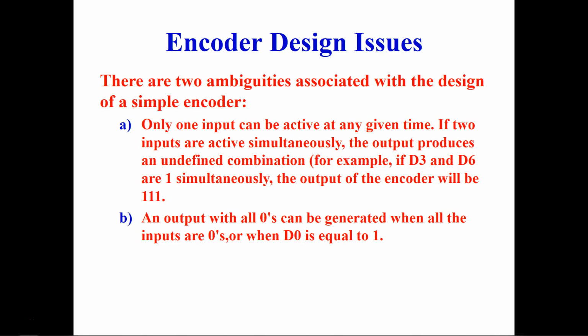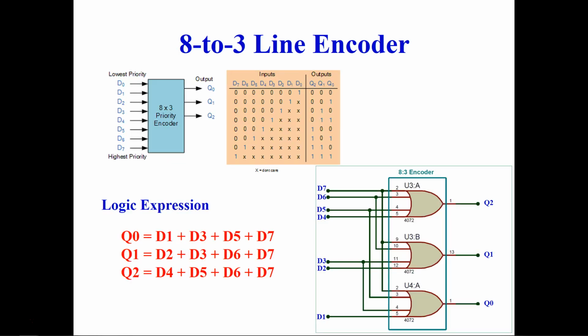So let's go back again. So D3 and D6. So this is our D3 and D6. So if both of them are turned on at the same time, then what will happen? Right now we know that each time we are sending one input at a time. Okay, so right now D0 is activated, and then D1 is activated, and so on. But now it is saying what will happen if, for example, 2 inputs are on.